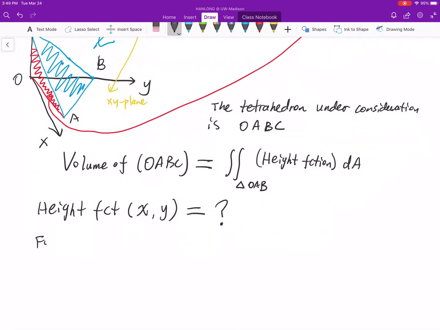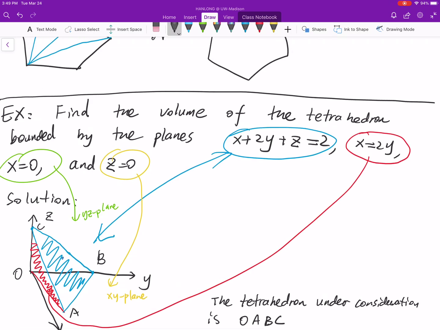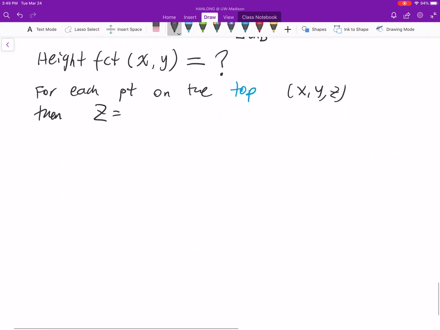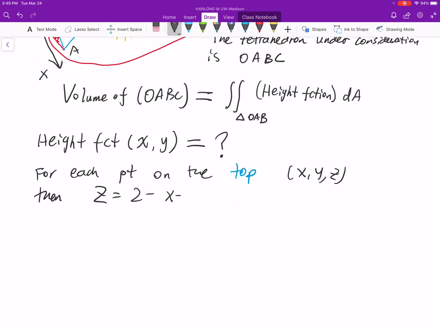For each point on the top with coordinates x, y, z, then because of this equation, z is given by 2 minus x minus 2y.